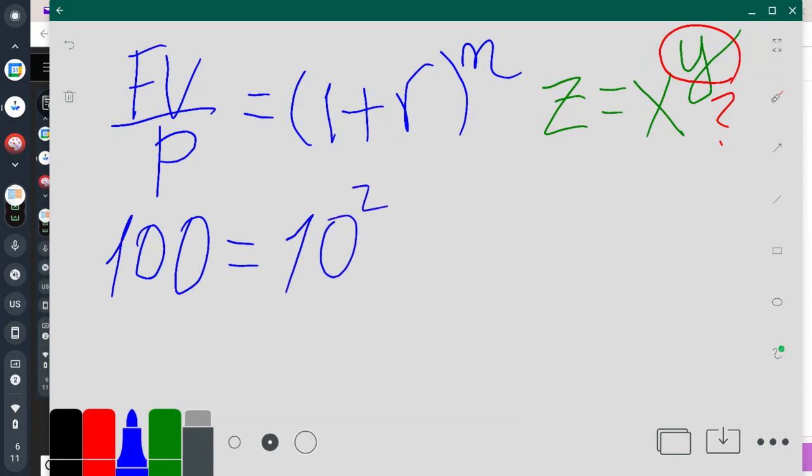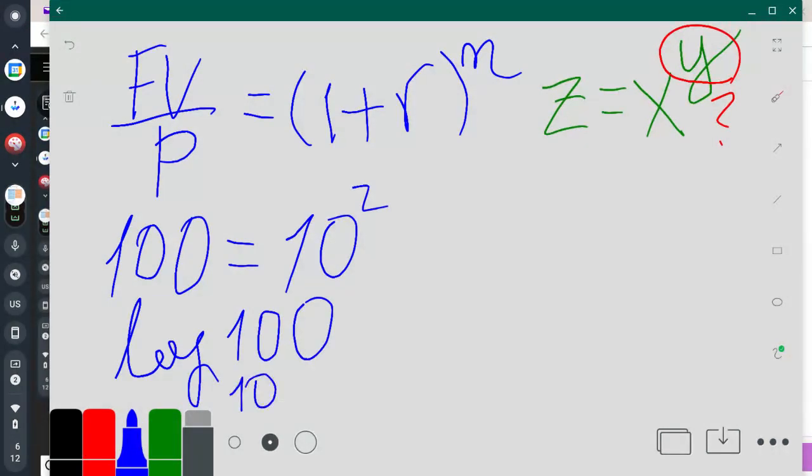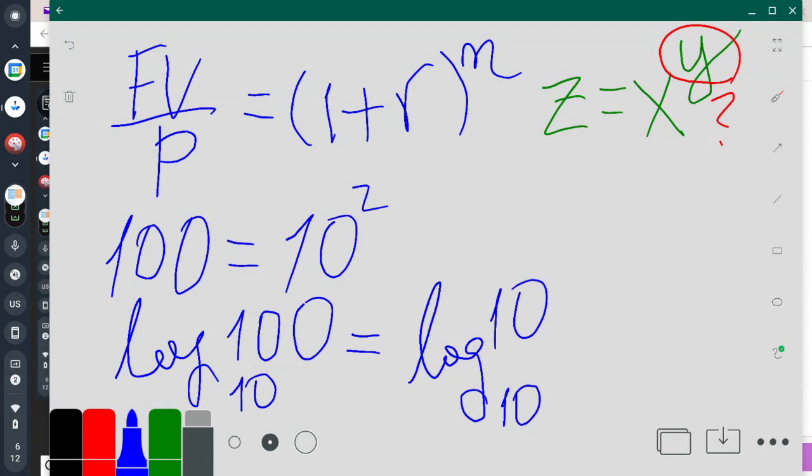Now if we take the log of 100 to base 10, there are two ways to read it: log of 100 to base 10, or base 10 log of 100. Either way, basically you are doing log of 10 squared to base 10.